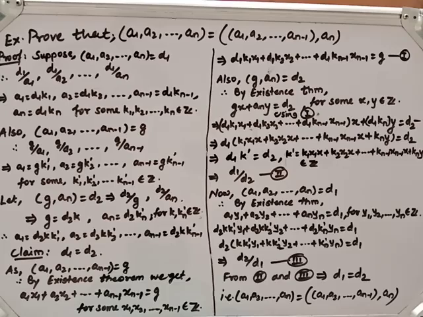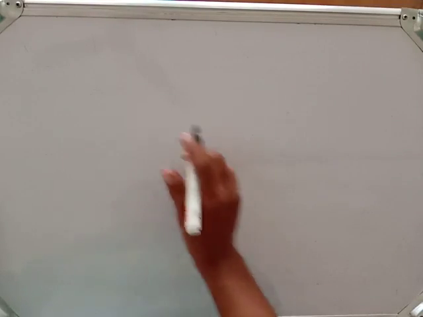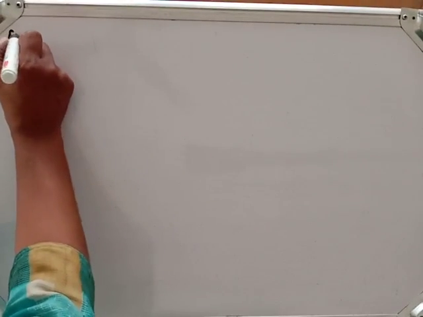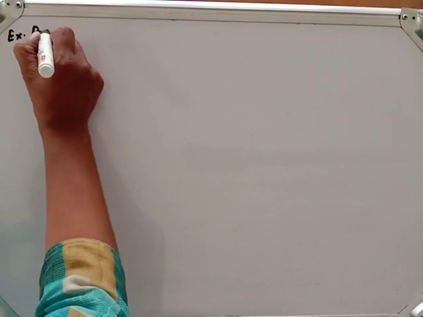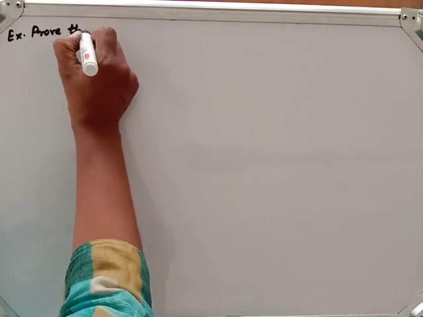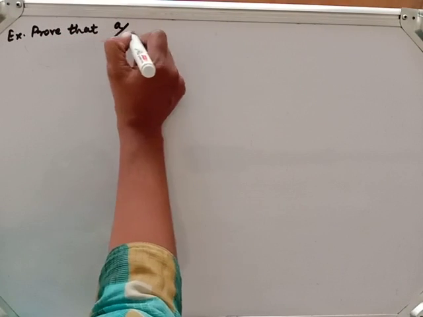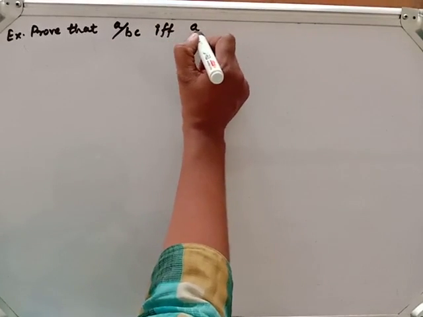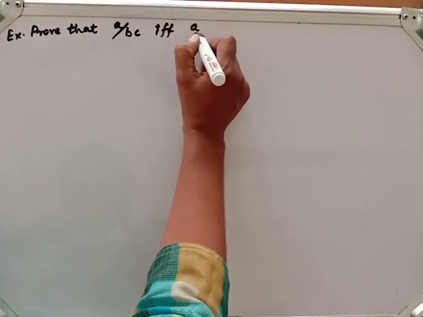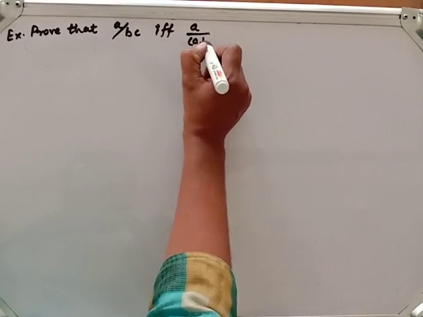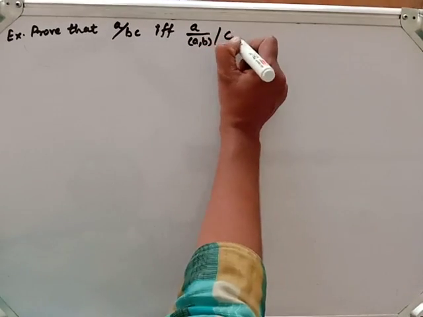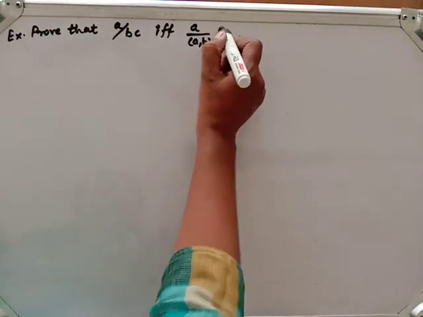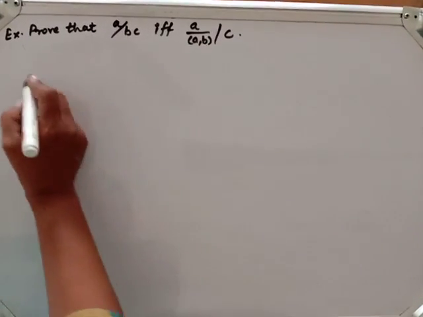Now let me take the next example. Next example is: prove that A divides BC if and only if A upon GCD of AB divides C. Now both way implication is needed.